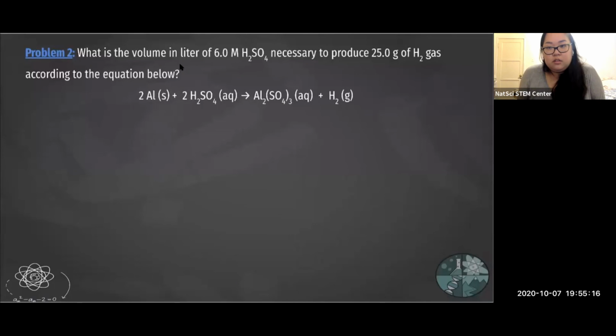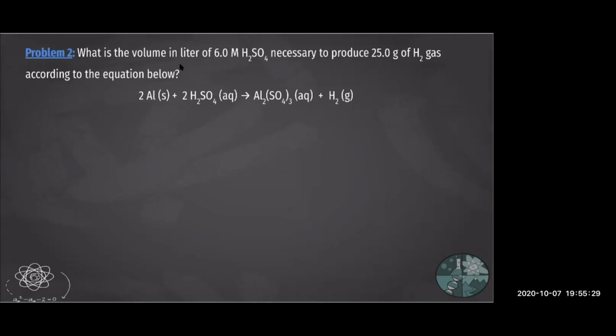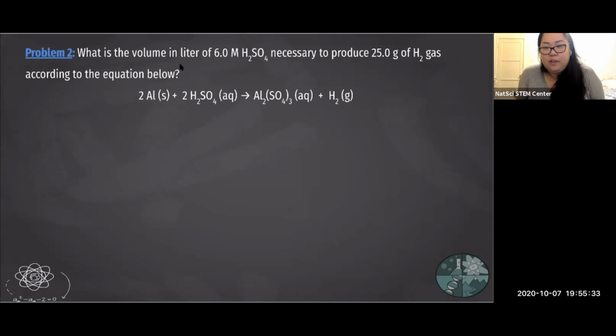Problem 2. My hint for this one for you guys is you're working from 25.0 grams, because they're telling you how much has been produced already.